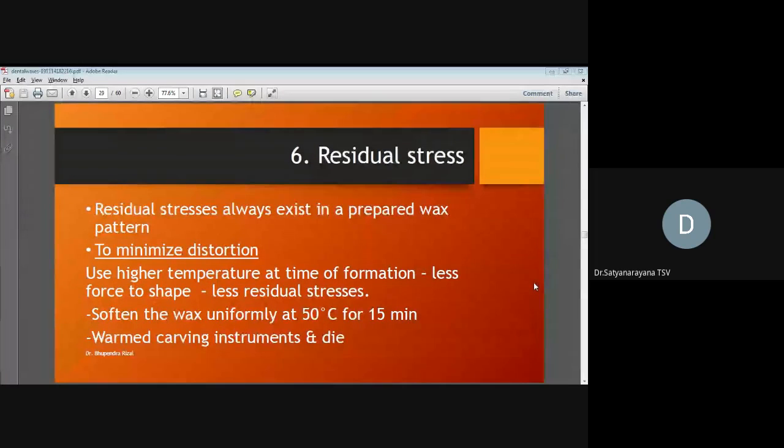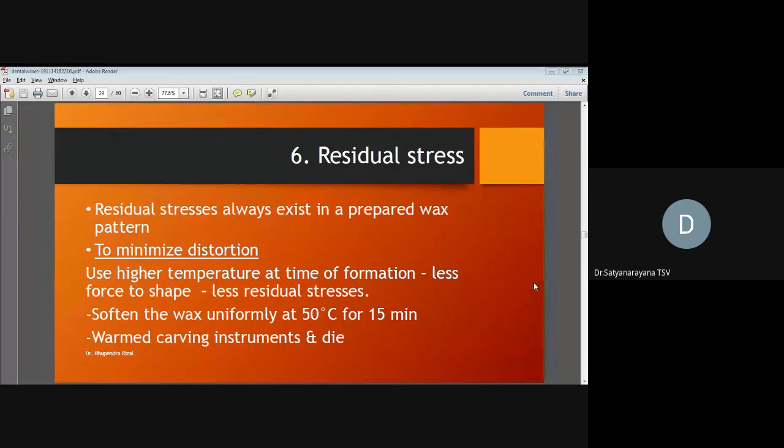At those temperatures, obviously, all your properties are going to increase. There are more chances of distortion, more thermal expansion, more compressive stresses, and more residual stresses. So you should not put excess pressure while you are fabricating the wax pattern. That is, to minimize the distortion, use higher temperatures at the time of formation and less force to shape, or to reduce the residual stresses.